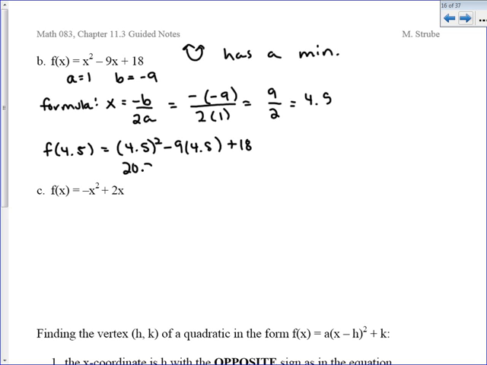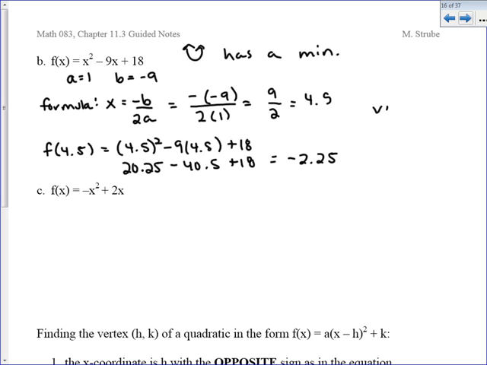Looking at 20.25 minus 40.5 plus 18. And you can do this all at once. I don't need you to necessarily write out each of those steps. I got -2.25. So you need the formula for the first half, and then you just plug it in for the second half.